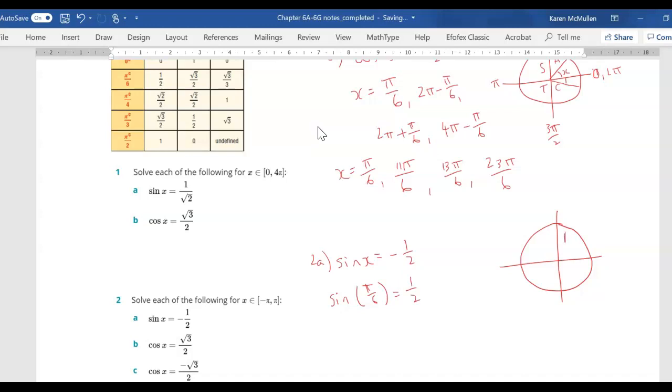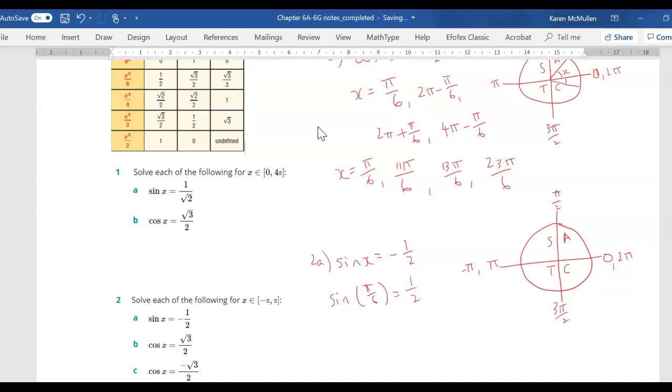So remember, we've got to figure out where sine is negative. So 0, pi on 2, pi, 3 pi on 2, and 2 pi. This time we're only going from negative pi to pi. So this point here, if I was going 0, would also be negative pi.